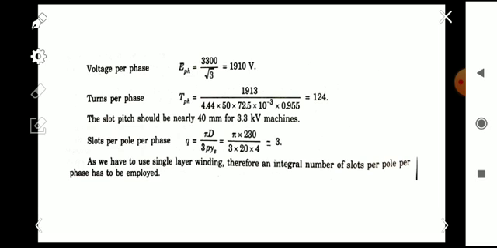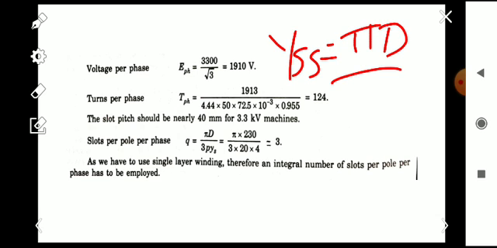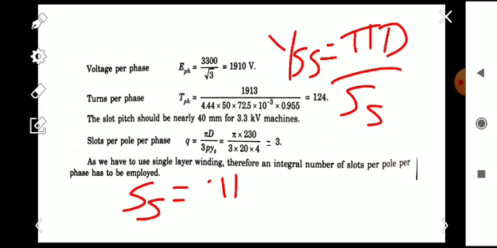We know that the equation for YSS is pi d by the number of stator slots. So the number of stator slots SS will be equal to pi d by YSS. The value of d we know, and the value of YSS, the stator slot pitch, is 40 mm.